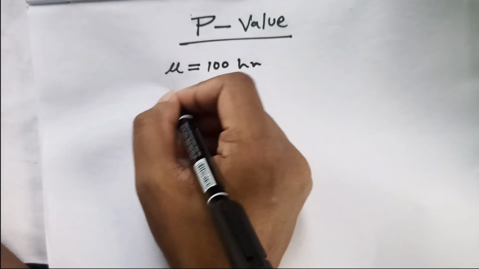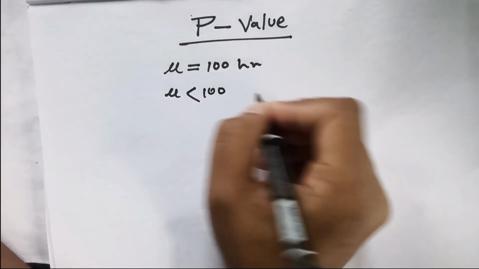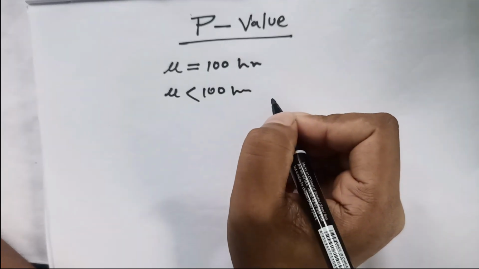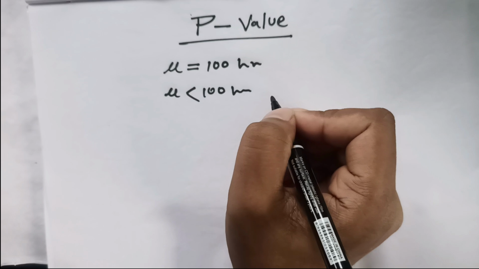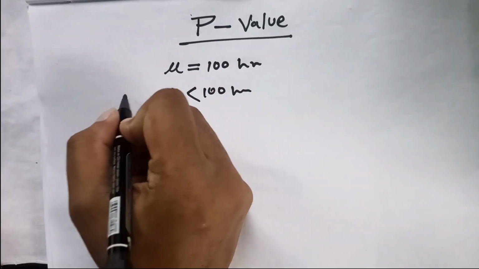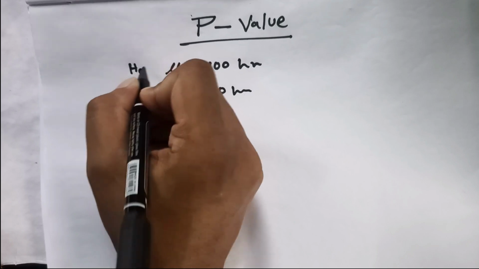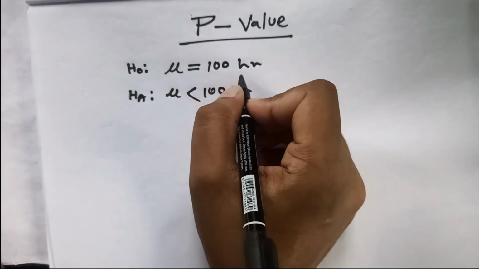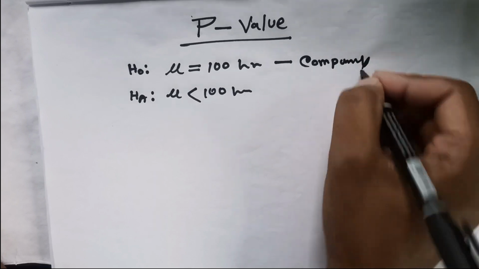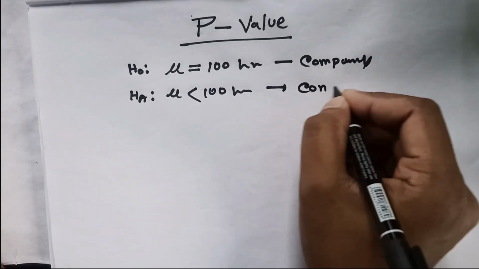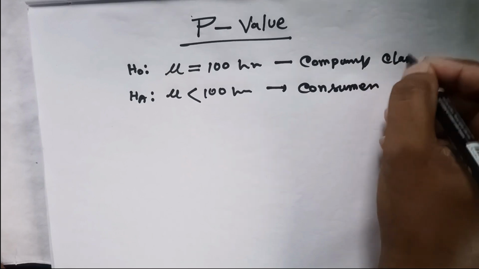So someone claims that it's less than 100 hours, so it will be our alternative hypothesis. And what was our actual is 100 hours, which is the company's claim, and this is the consumer's claim.